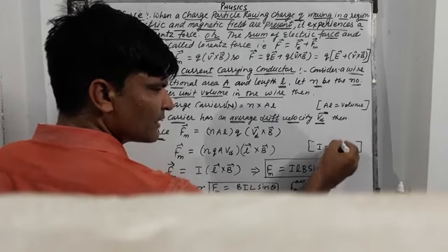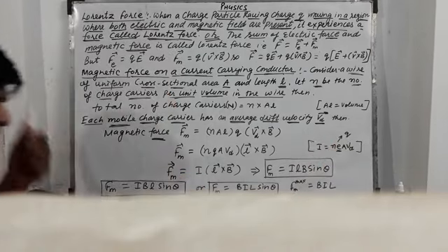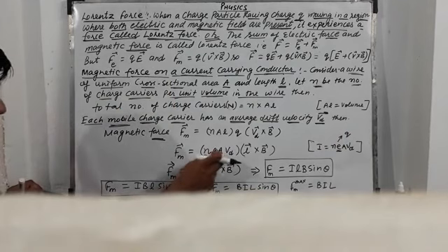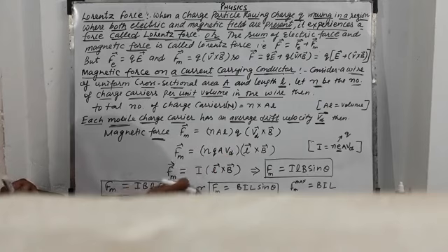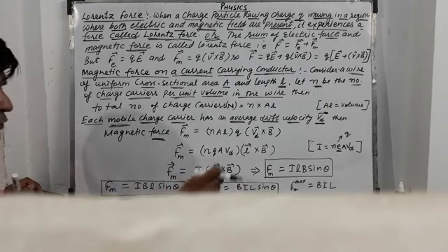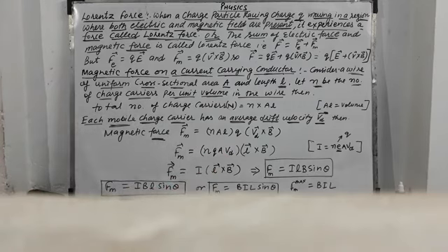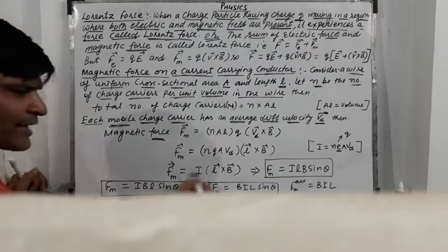In place of e we have charge q. So n q A vd is I and we get Fm is equal to I L cross B. This is in vector form.